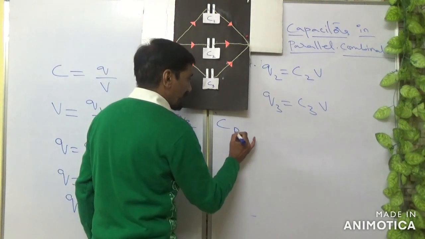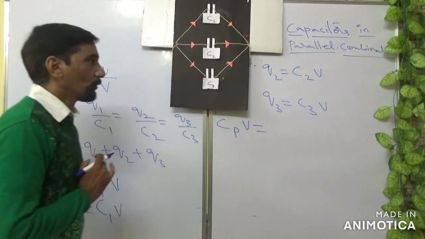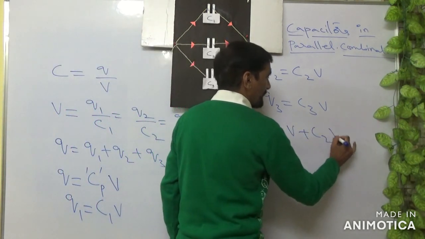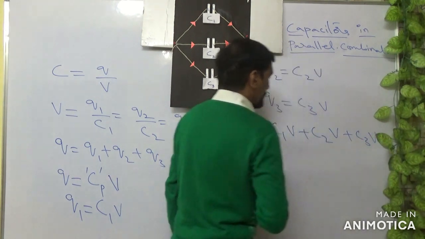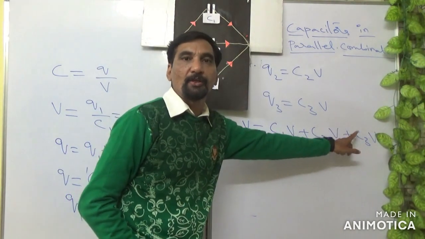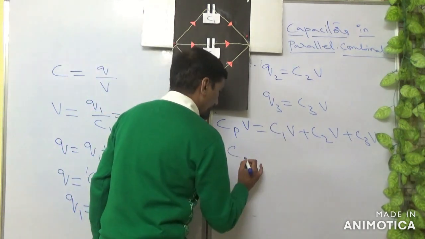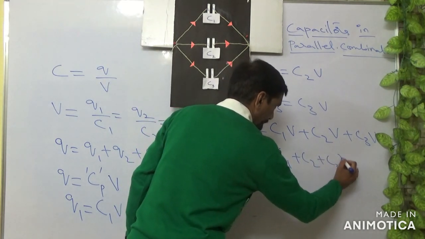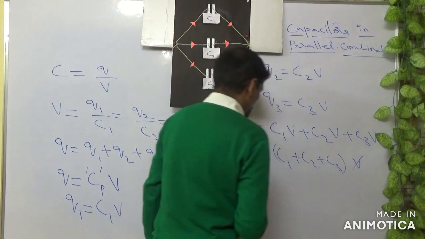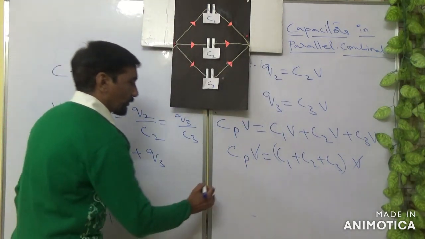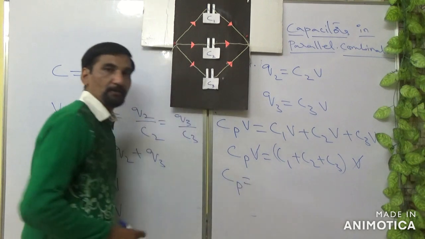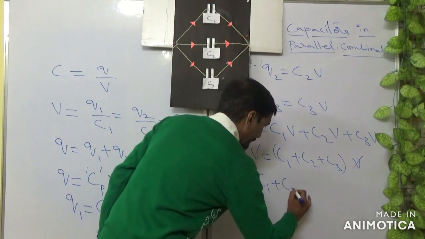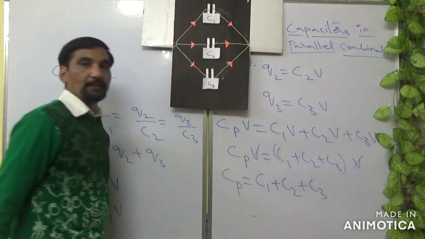So CpV is equal to C1V plus C2V plus C3V, because Q equal to Q1 plus Q2 plus Q3 now. So V common now, you can cancel. Therefore, effective capacitance in parallel combination is given by C1 plus C2 plus C3.